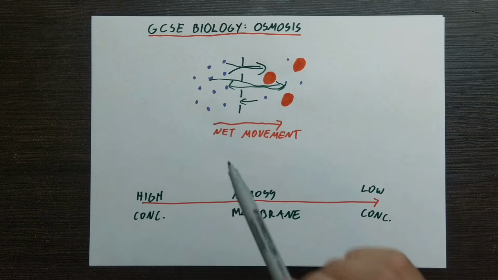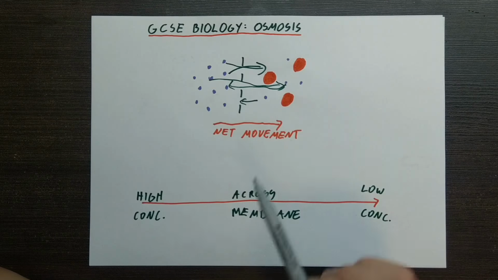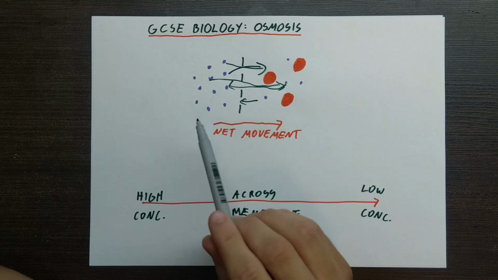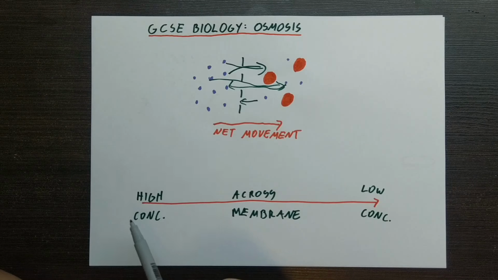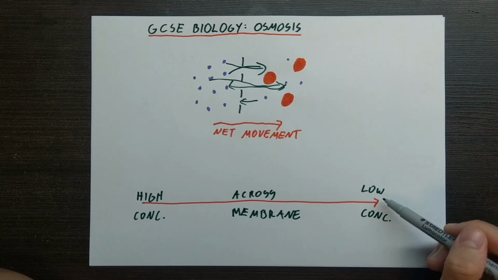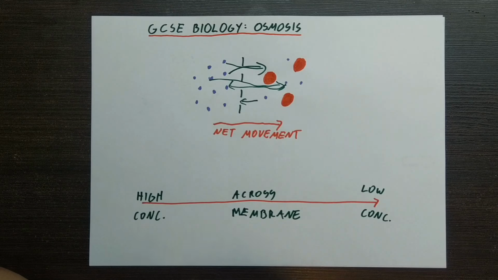So that's what essentially osmosis is. Again, I will remind you, osmosis is a movement of water molecules from area of high concentration to area of low concentration across a semi-permeable membrane. That's the definition of osmosis.